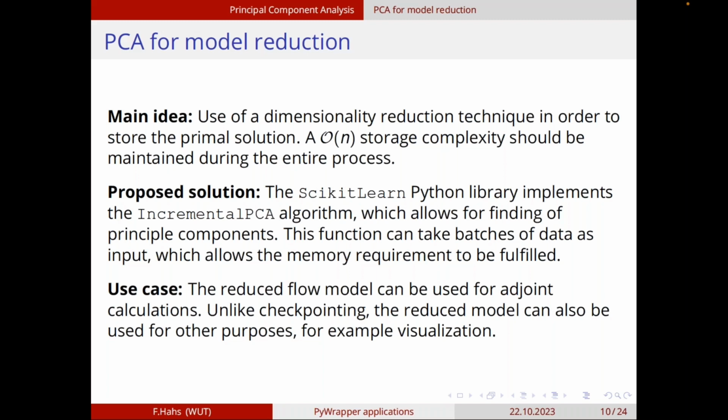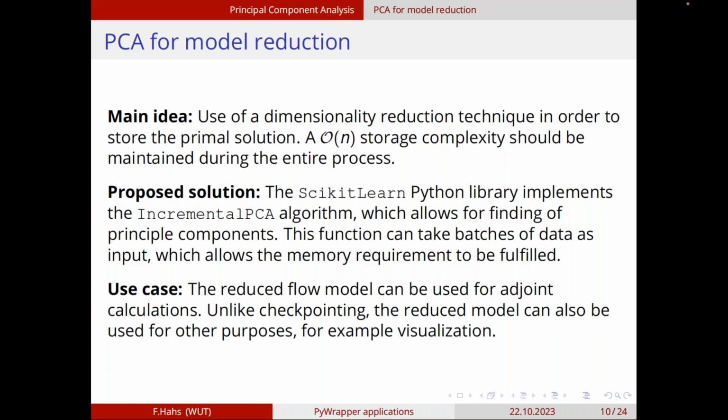In the library scikit-learn, there's the incremental principal component analysis, where the amount of memory required is constant and is equal to the number of principal components we want to store. What is interesting is there is a one-to-one correspondence between storing one of these principal components and one checkpoint.